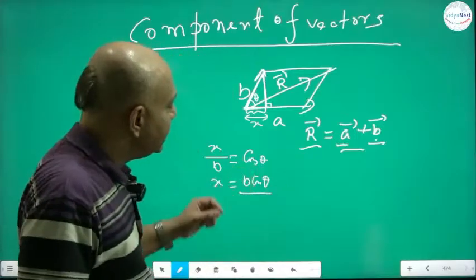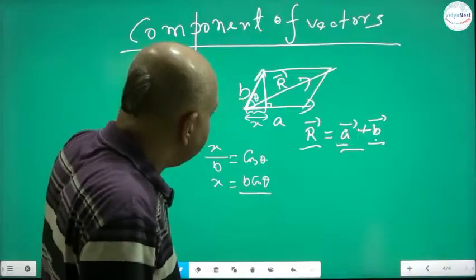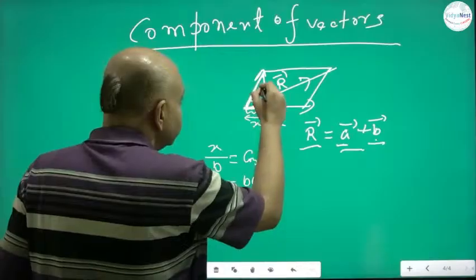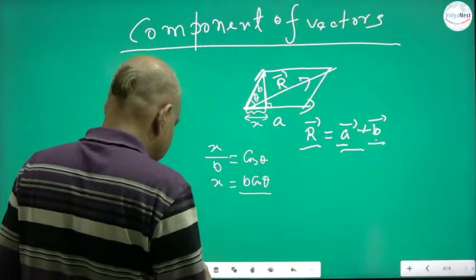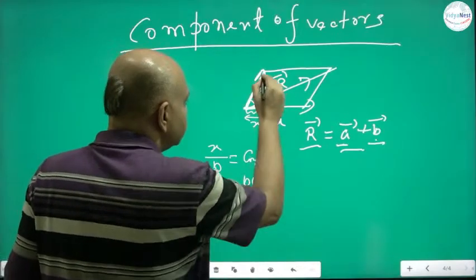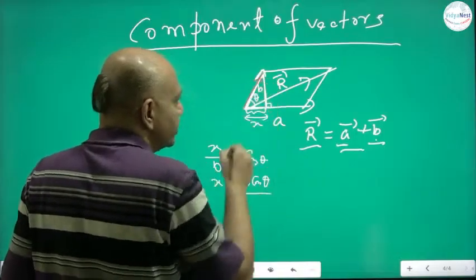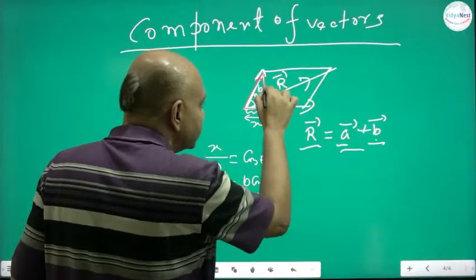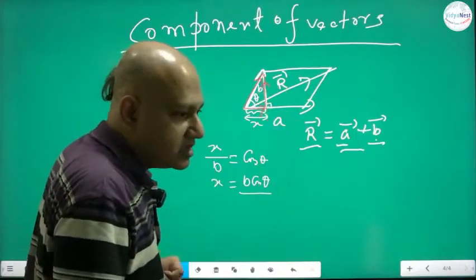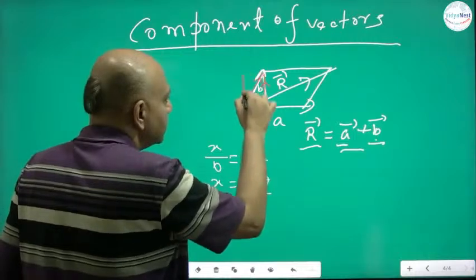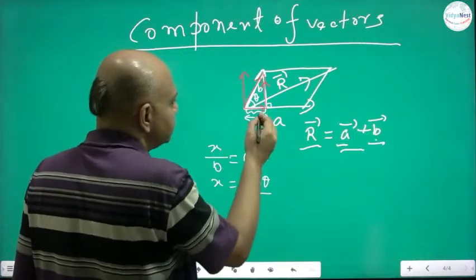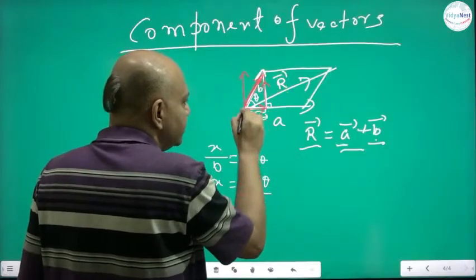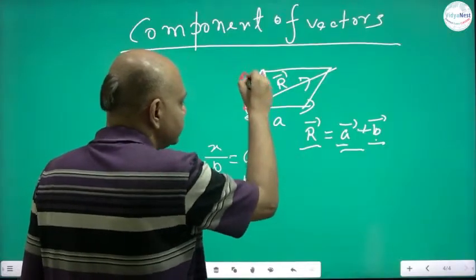So you will see, Saurabh, this vector is b, with the red mark I am showing. This vector has this component plus this component, isn't it? If any confusion, immediately ask me. So the vector b is the addition of this vector plus this vector.